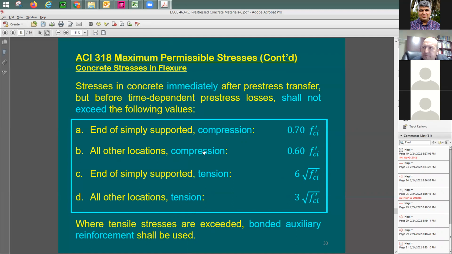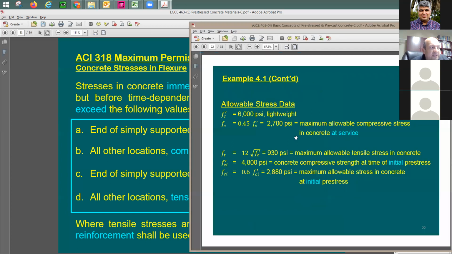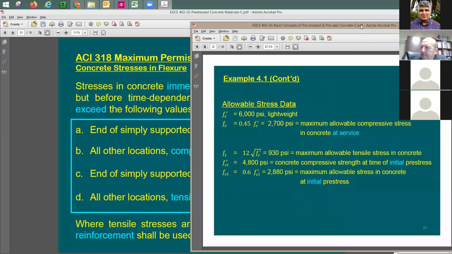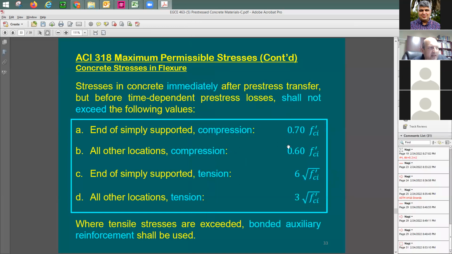In the middle, which means any other sections, it is 60% of f'ci. So when I did this example, we just used 0.6 f'ci. Now we understand the reason. If I see two values and I don't want to be confused in my analysis, I say let's just keep 0.6 f'ci, which is lower. If I can keep the compression throughout the entire beam, beginning and end, I satisfy this section. So now I understand where the 0.6 is coming from: the ACI.